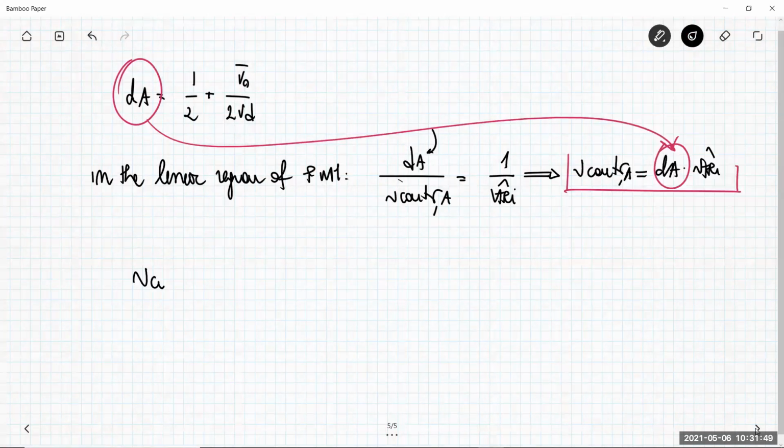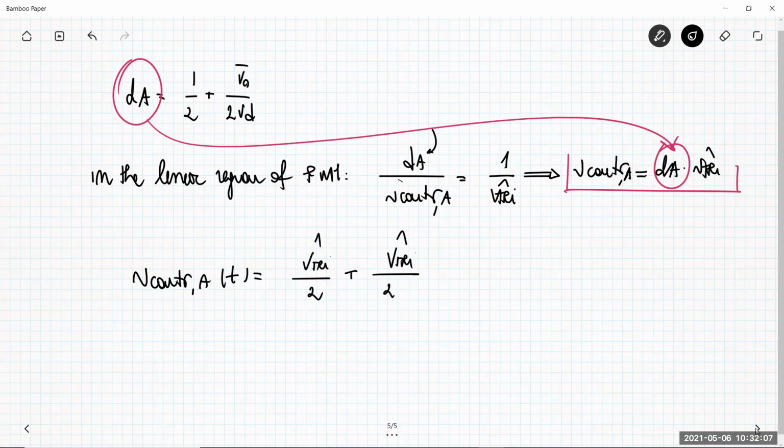So we have that V control A is V triangular peak divided by 2 plus V triangular peak divided by 2 Vd multiplied by V naught average value. Basically, these are the same steps we had for the four-quadrant DC-DC converter.